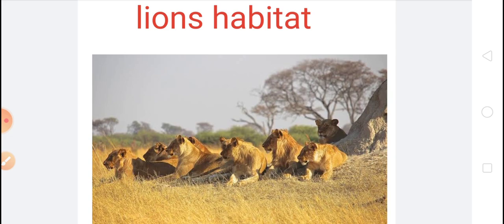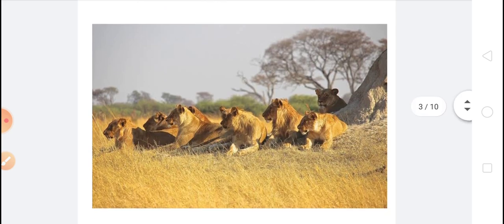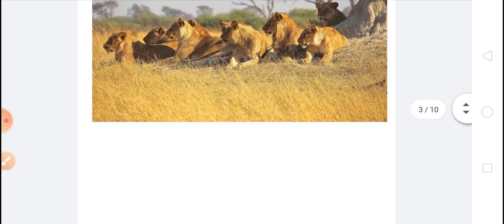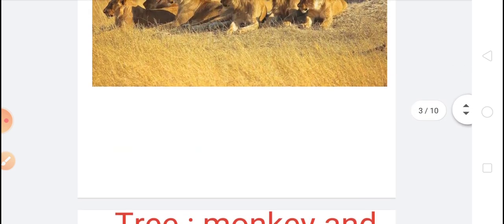The lion's habitat is grassland or forest, and some components present in the lion's habitat are animals that a lion can hunt and feed upon, plants or grasslands where it can rest, hide or wait for its prey, and abiotic components like suitable temperature and sufficient rainfall for the lion and other plants and animals to survive, etc. These are the components which are present in every habitat.